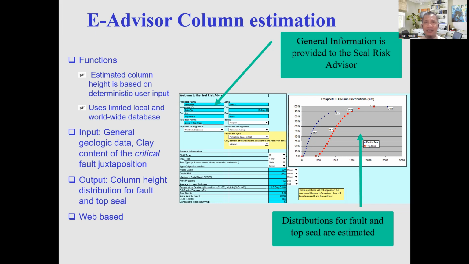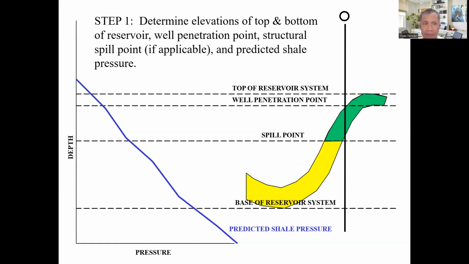Just an idea to share, a common procedure for prospect generation evaluation in the oil and gas industry. In step number one, we need to determine the height or elevation of various points in the reservoir system.